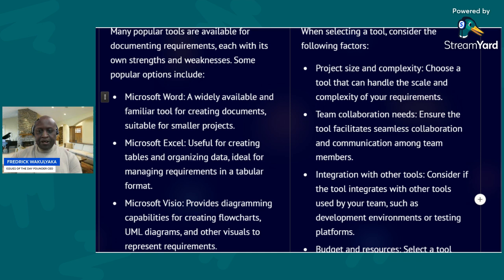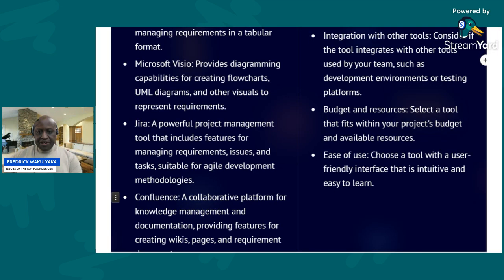Consider if the tool integrates with other tools used by your team, such as development environments or testing platforms. Budget and resources. Select a tool that fits your budget and available resources. Ease of use. Choose a tool with a user-friendly interface that is intuitive and easy to learn.